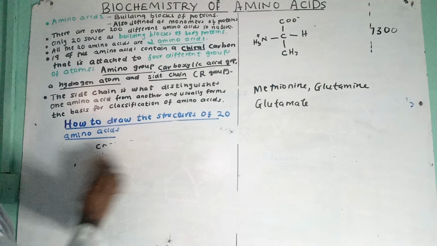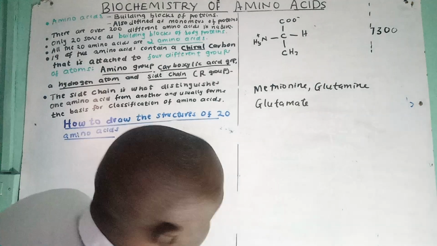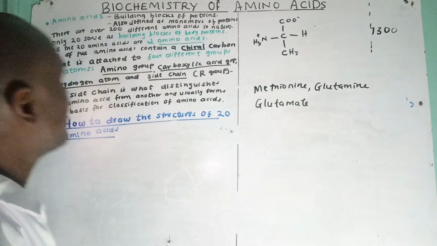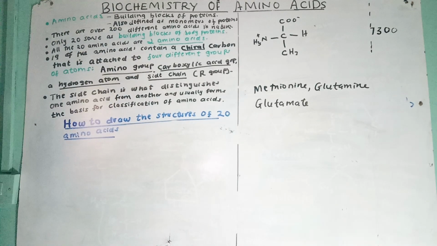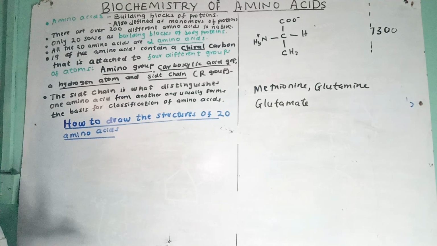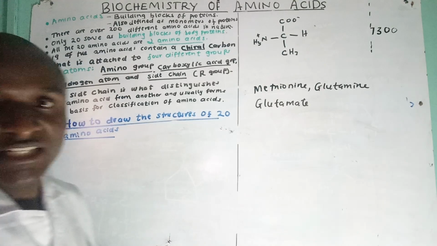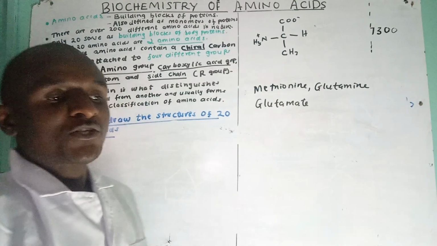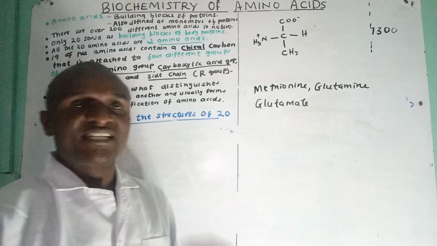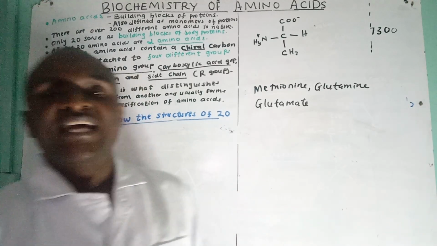What we shall do now is go through a summary of how to draw the amino acids. We've said that amino acids refers to carboxylic acids that are attached to an amino group, or they are the building blocks of proteins. We can also call them the monomers of protein. Then what's the chiral carbon? I've just said that a chiral carbon refers to a carbon atom that is attached to 4 different groups of atoms.